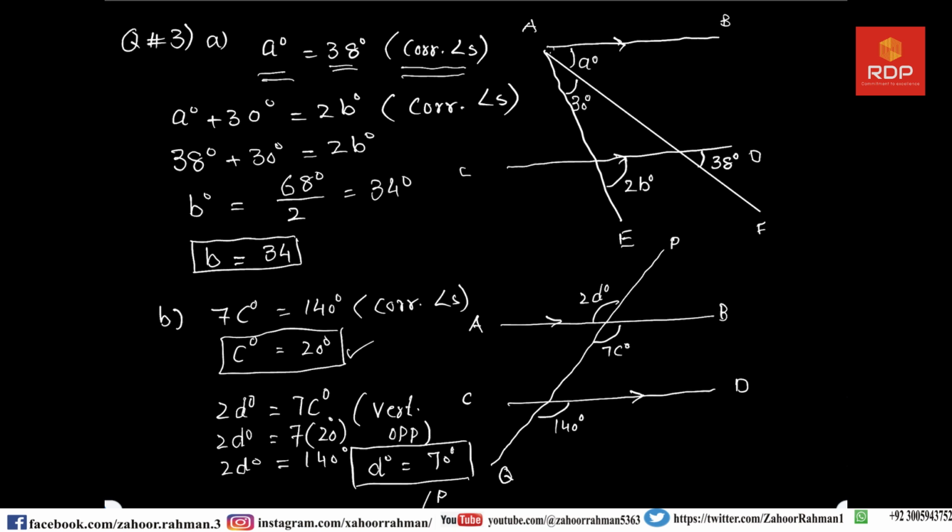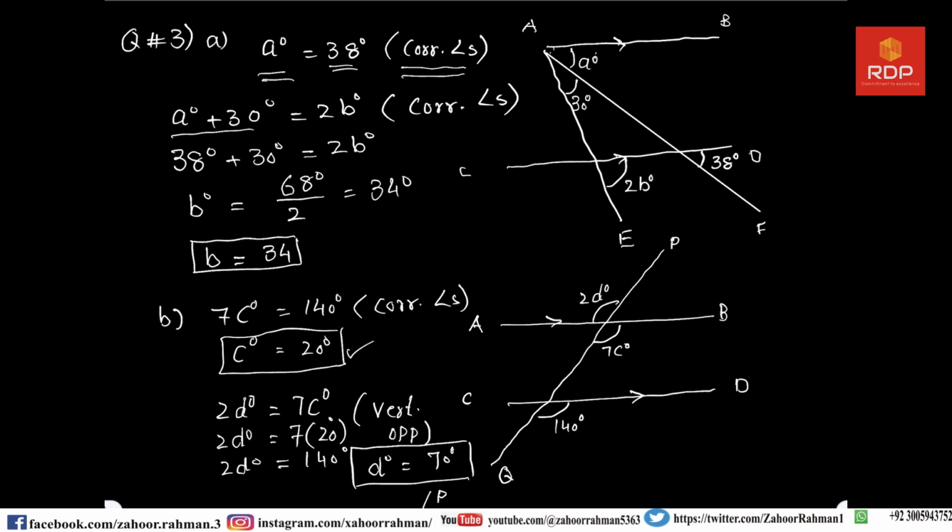Now we are going to find another corresponding angle, and that is the corresponding angles of this one and this one. So we have written A plus 30 degrees, which is this one, is equal to 2B degrees, which is this one.